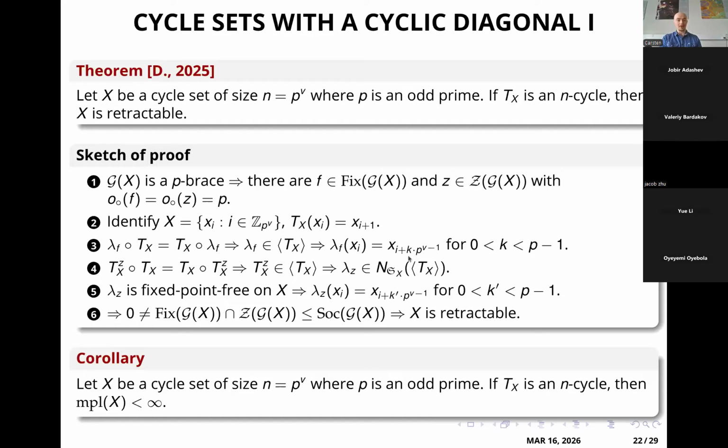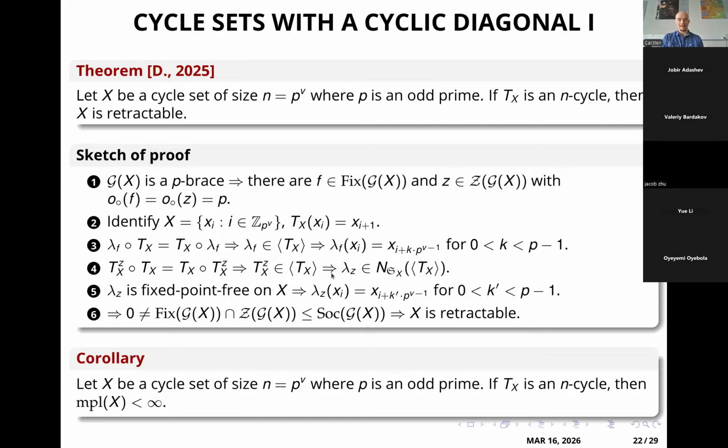On the other hand, we also know that t conjugated by z commutes with t. So we know that t conjugated by z is in the cyclic group generated by t.